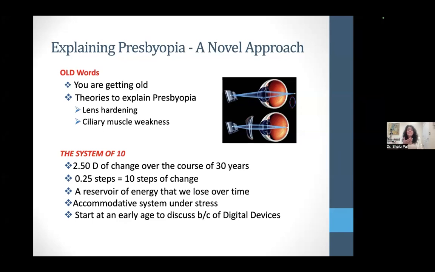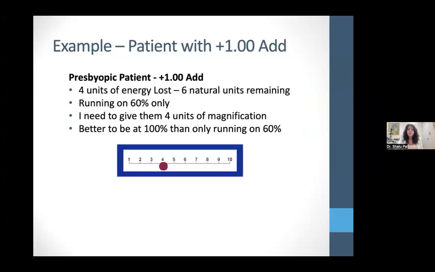Technically, we're looking at 10 steps of change that all of us are going to go through over a timeline of, let's say, 30 years, between 40 and 70, maybe 35 and 65, but somewhere in that range. And I started talking about our focusing system as this reservoir of energy that we are going to slowly lose over time.